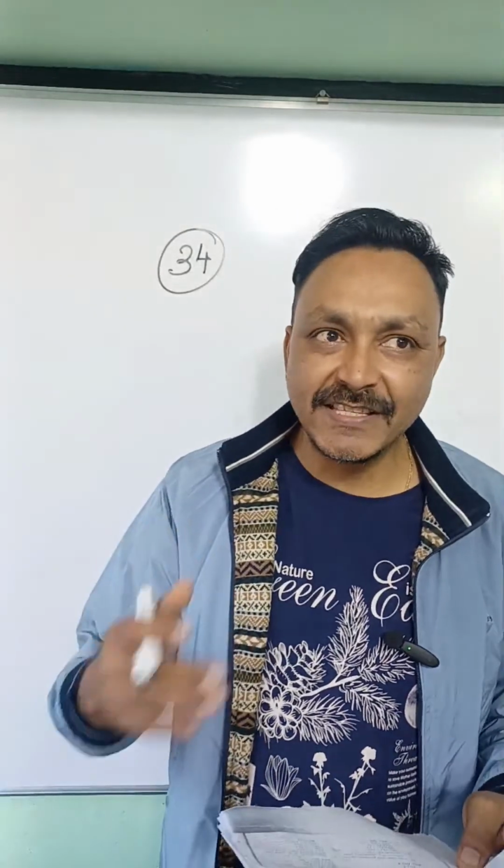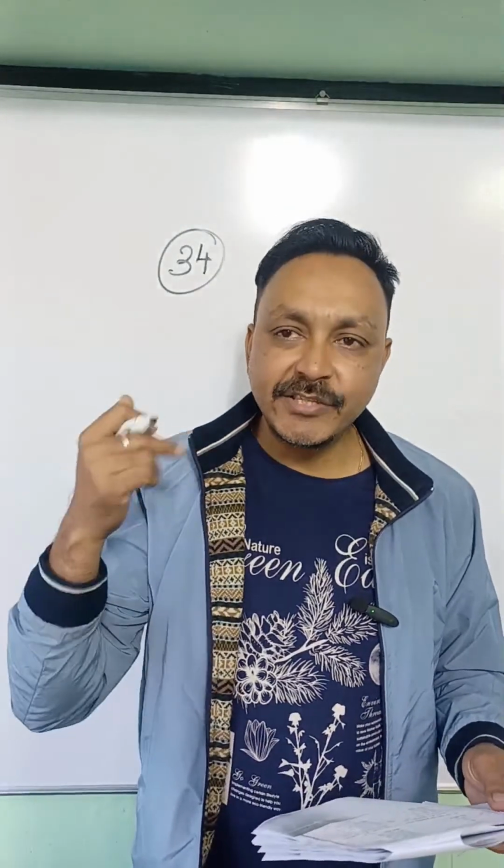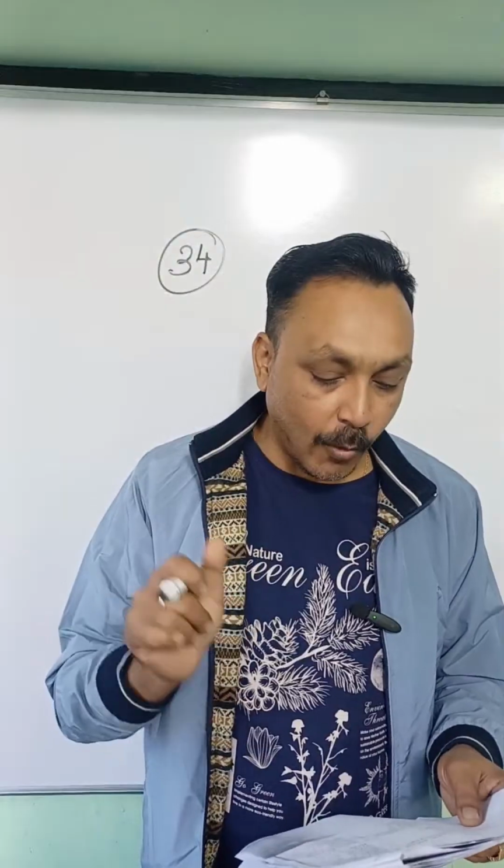Polynomials whose degree is 4 are known as biquadratic polynomials. Again I'm repeating: polynomials whose degree is 1 are known as linear polynomials. Polynomials whose degree is 2 are known as quadratic polynomials. Similarly, polynomials whose degree is 3 are called cubic polynomials. And lastly, the polynomial whose degree is 4 is known as the biquadratic polynomial.